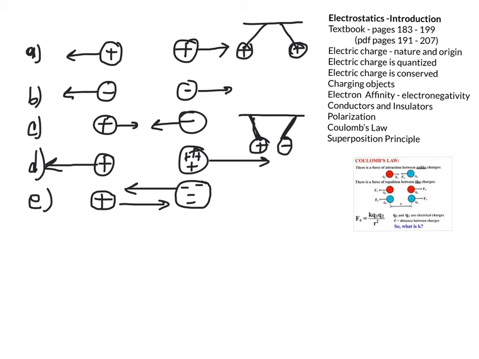So let me write down what K is. So once again, K is the proportionality constant. Actually, it's often written this way, 1 over 4 pi epsilon naught. What is epsilon naught? Epsilon naught is a fundamental electrostatic constant in nature. It is more fundamental than K.